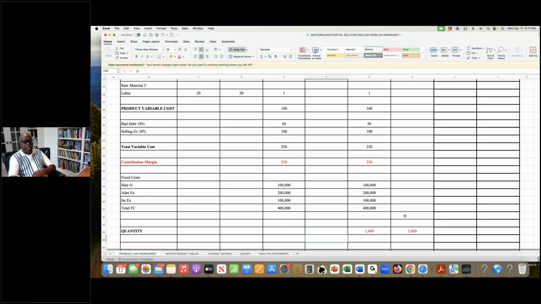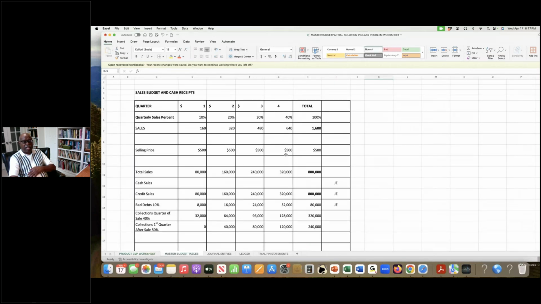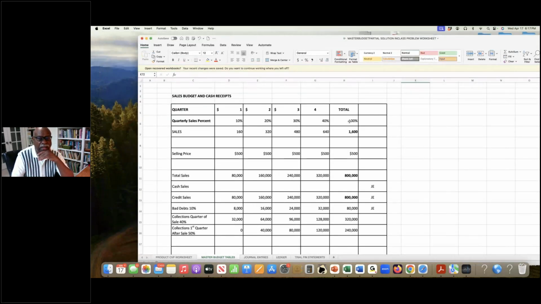Once we got to 1,600, we put that 1,600 as the quantity in this master budget table. Our percentages were given: 10, 20, 30, 40, totaling 100%. Based on that, we allocated the 1,600 by quarter: 10%, 160, 20%, and so forth.